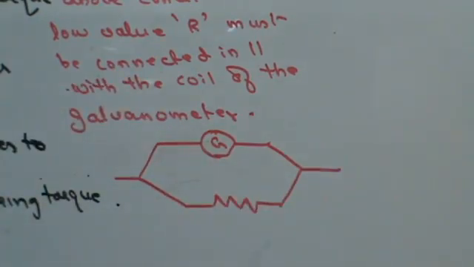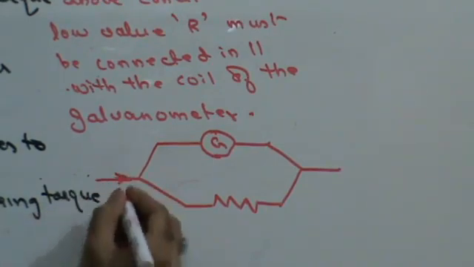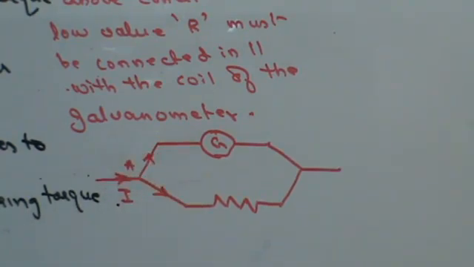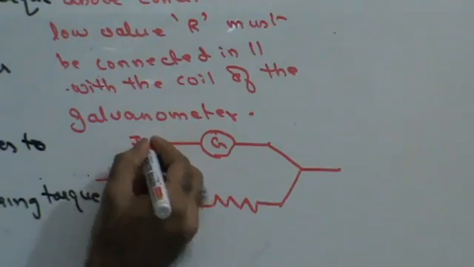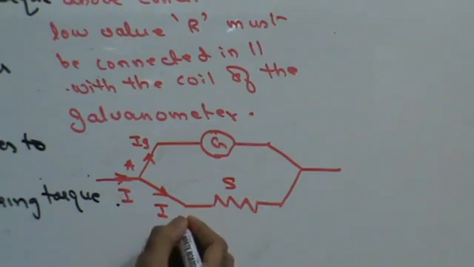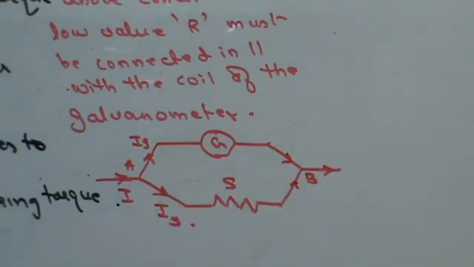Now, as current enters, let's assume that you have current I entering point A. It is going to be divided into two parts. One will be Ig and one will be, say, S. This particular resistance is called the shunt resistance. Some part of the current is going to move through the galvanometer and some of it is going to move through the shunt resistance, and then the current comes back at point B and goes through the circuit.